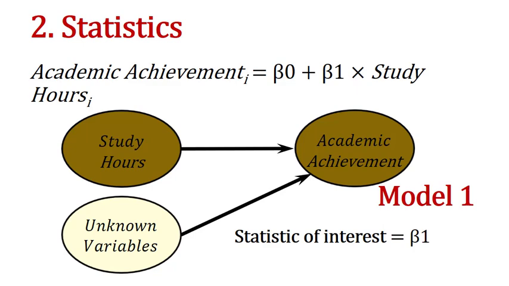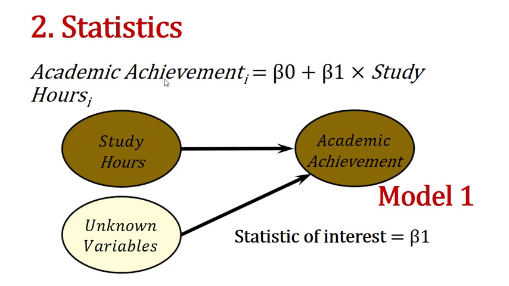Obviously there are also unknown variables, and the mathematical model is a linear model with beta 0 as the intercept and beta 1 as the slope. So basically beta 1 tells us what's the effect of study hours on academic achievement, and for this example we are going to ignore the other variable, teaching quality.